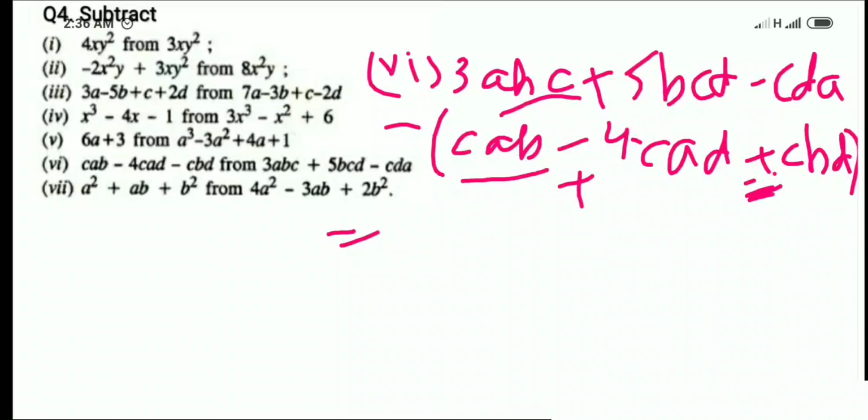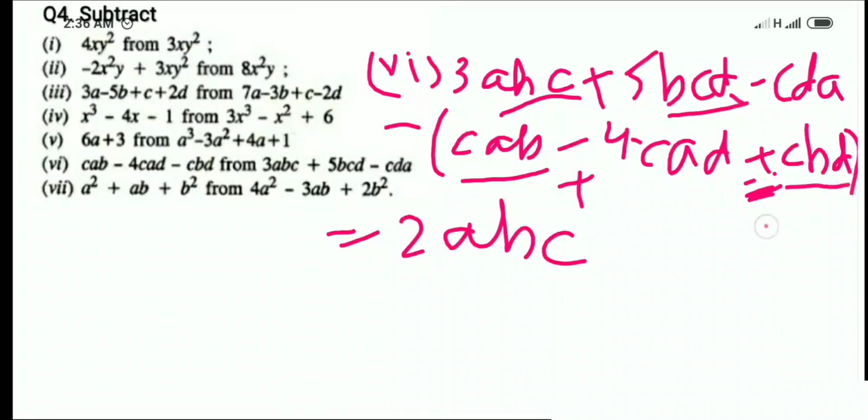Therefore, this is minus. Therefore, only 2ABC is left. Now it's BCD. Find out BCD. It is here, which is minus. This is plus and this is minus. Therefore, this will be a subtraction.